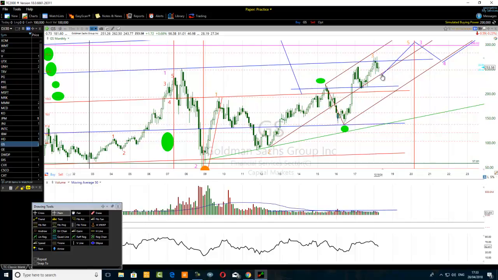The fourth wave of that new trend is likely to be shallow, we will see, followed by the fifth wave of that new trend, and the fourth wave of a higher degree, followed by the fifth wave of a higher degree. The Pitchfork tool will help us to map out Goldman Sachs until we reach the end of the fifth wave of a higher degree.